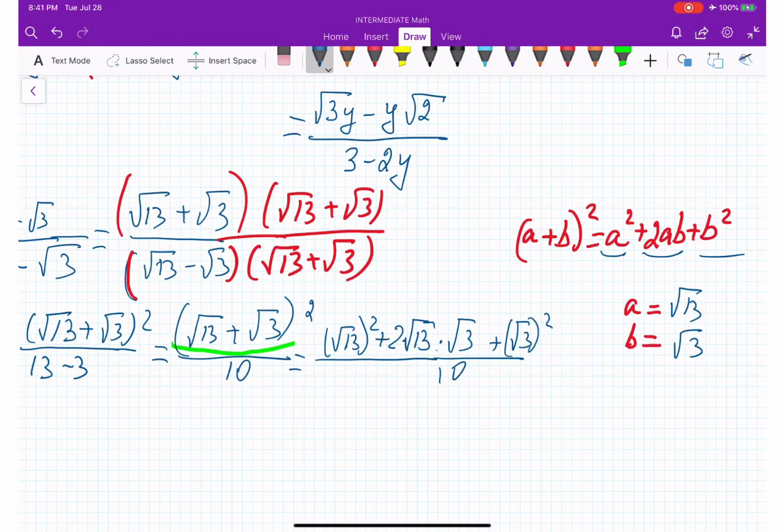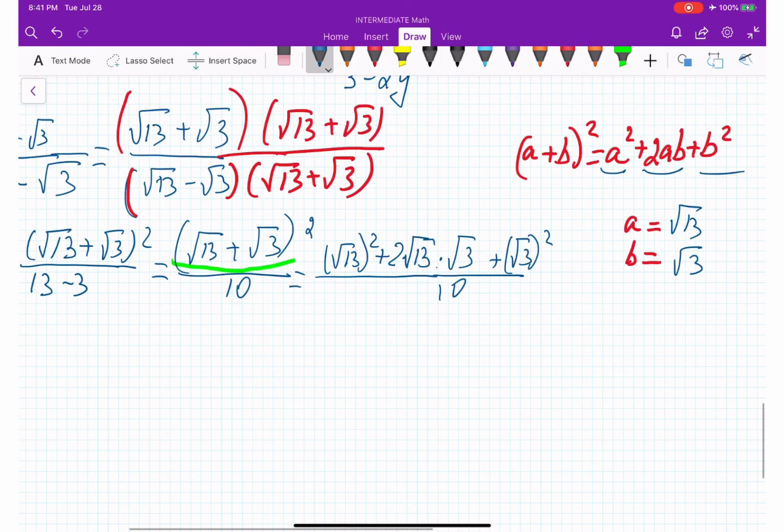Underneath I have 10. So this is going to be equal, square root 13 squared is going to be 13, plus 2 times square root 39, right? 13 times 3. And plus square root 3 squared is going to be 3 over 10. Yes?